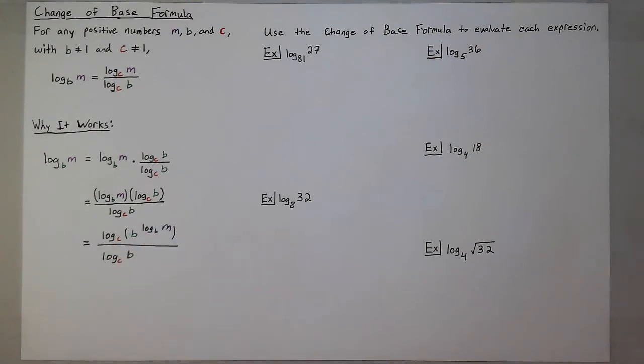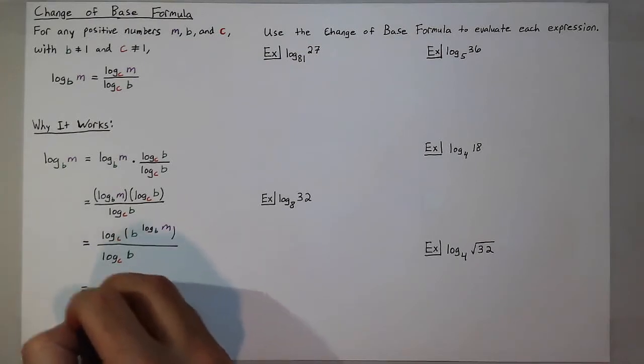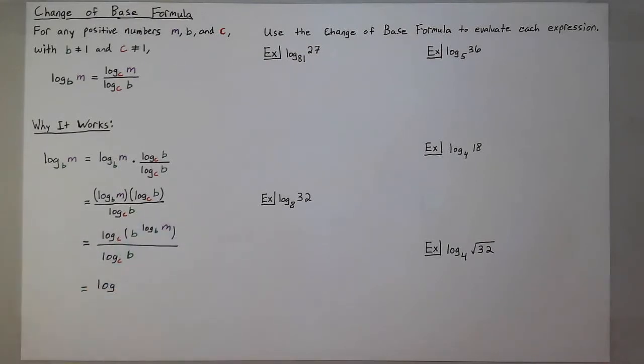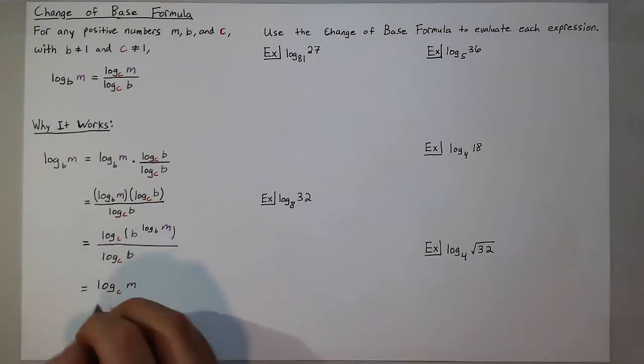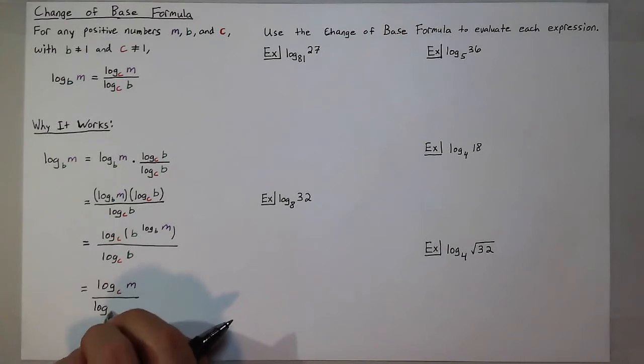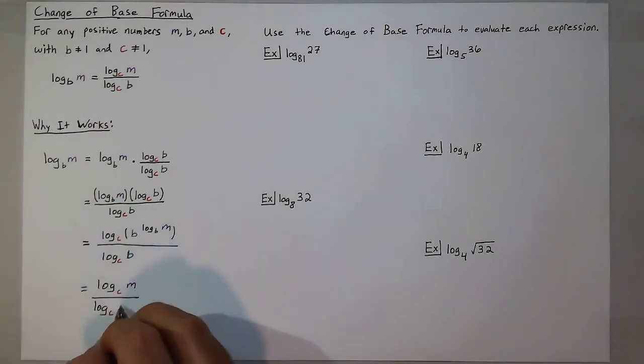So I can rewrite my expression as log base c of m divided by log base c of b. And that's where that formula comes from.